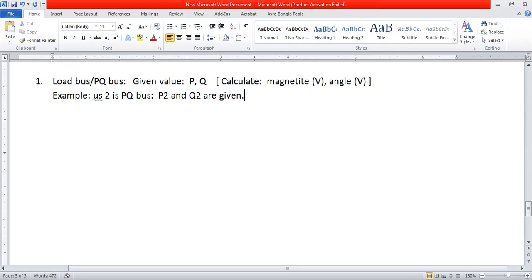And we have to calculate the voltage magnitude V2 and the angle of V2. So we have to calculate this thing.